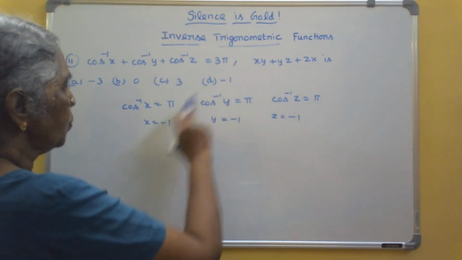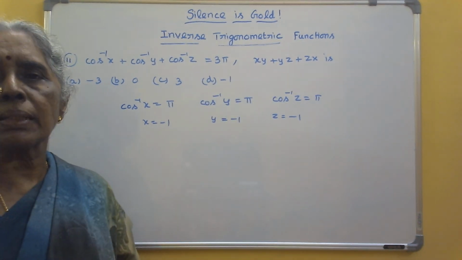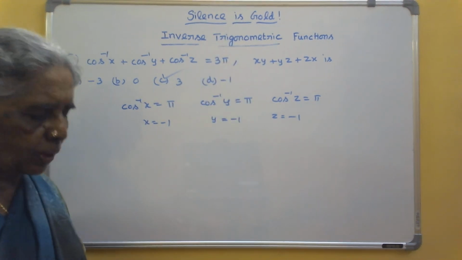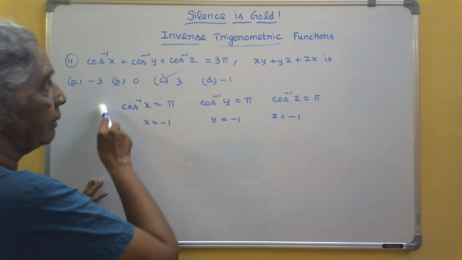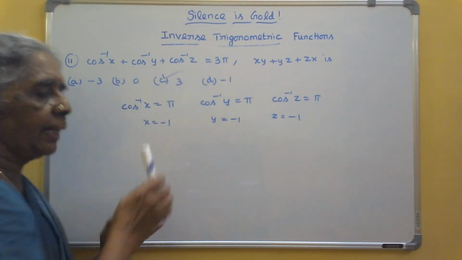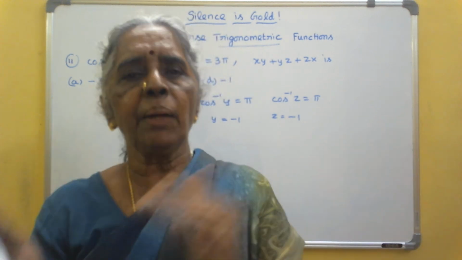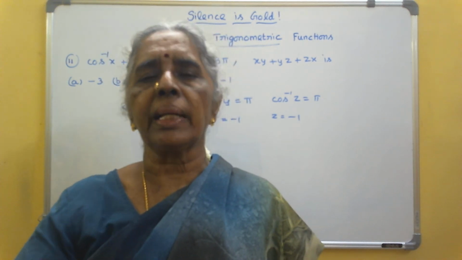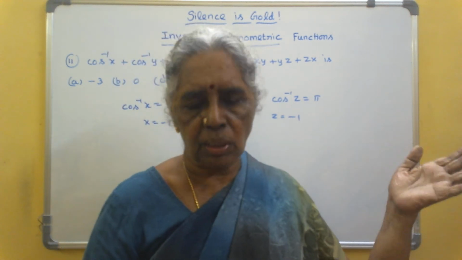So, now xy becomes plus 1, yz becomes plus 1, zx becomes plus 1. So, when you add, you will be getting 3. So, C is the correct option. So, here first you should know how to decide this because the sum of 3 things is 3 pi and each one cannot be greater than pi. They should be equal to pi to make the sum 3 pi. So, that concept you have to make use of, and then the rest is easy.